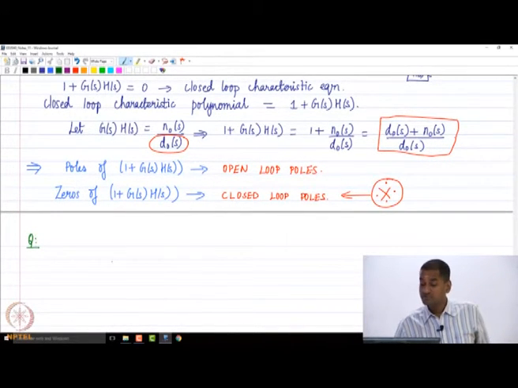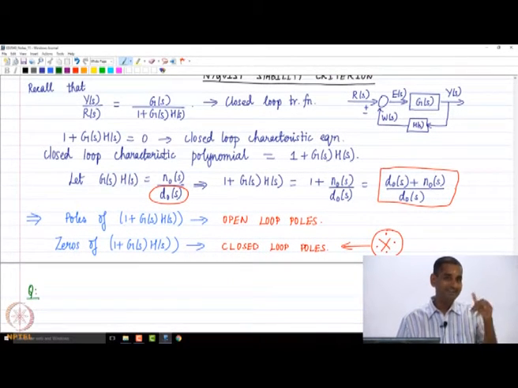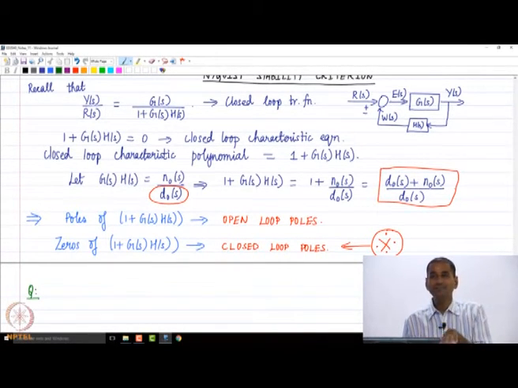Why should they be closed loop zeros? No, but 1 plus G(s)H(s) is the denominator of the closed loop transfer function, right? I am extracting the denominator, that is why I am doing it carefully, step by step. Very natural question, because I am extracting the denominator, then writing the denominator of the closed loop transfer function as a ratio of another numerator and denominator, then processing it.